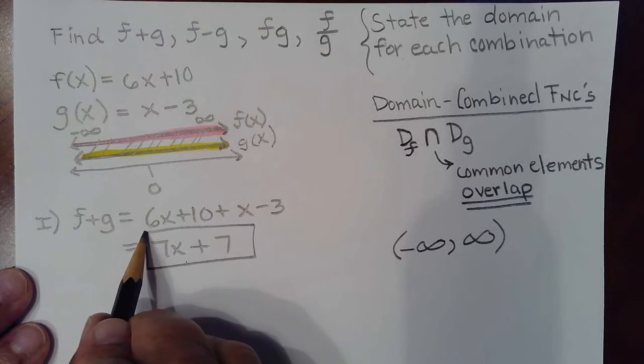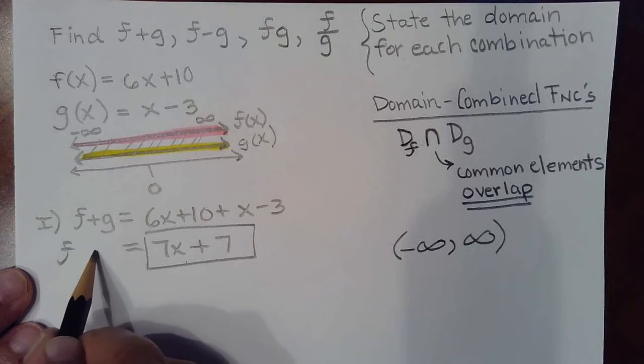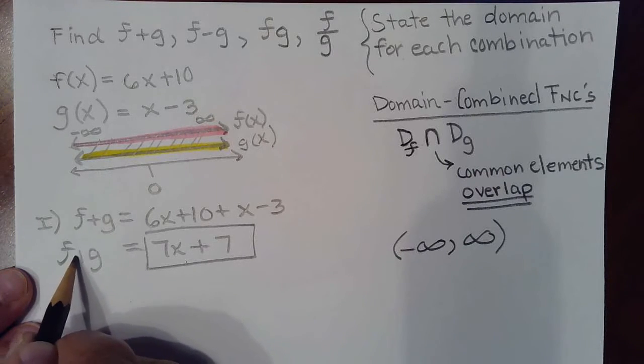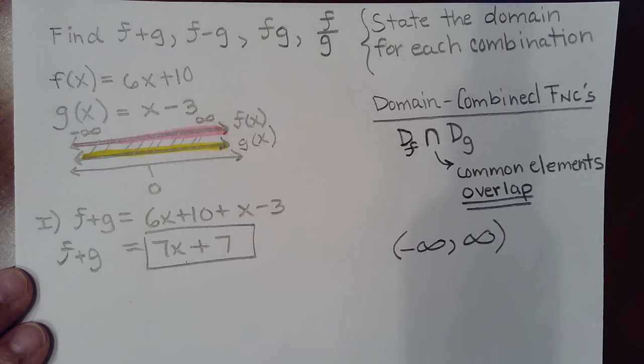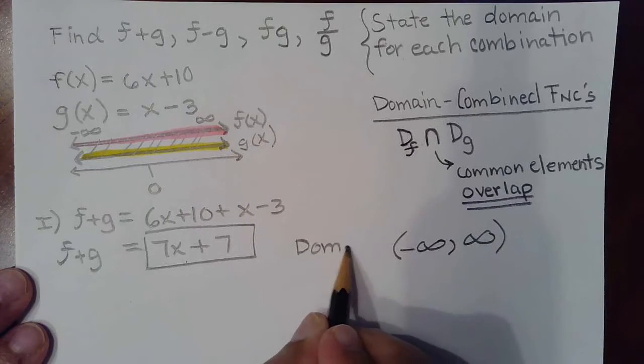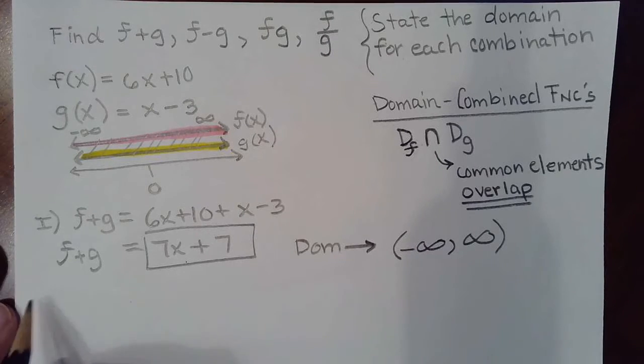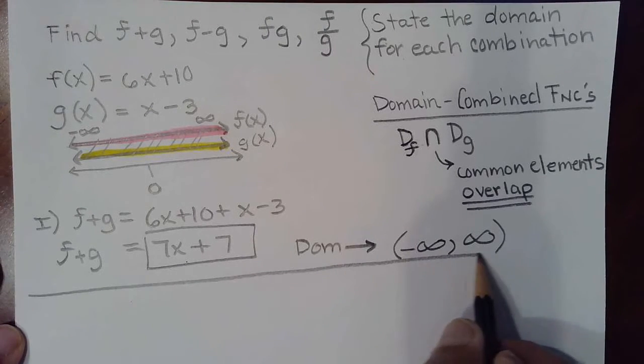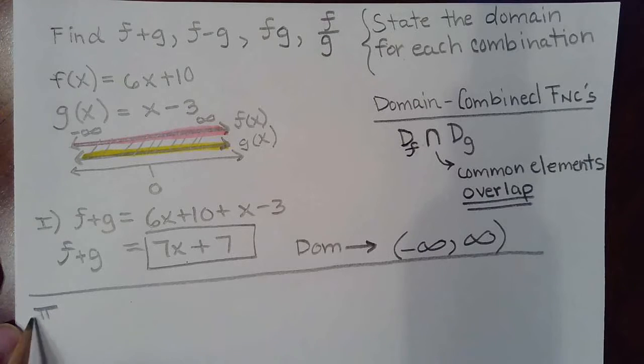So the sum, we have combined functions f and g through the operation of addition, and the sum is 7x plus 7. The domain, negative infinity to infinity.